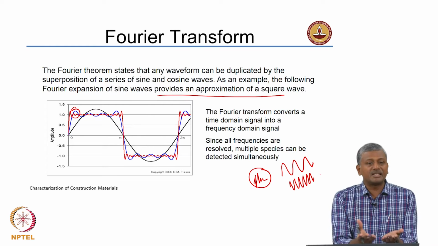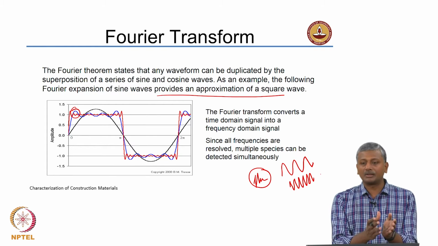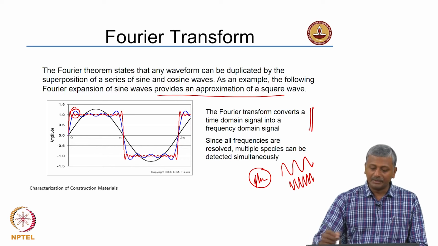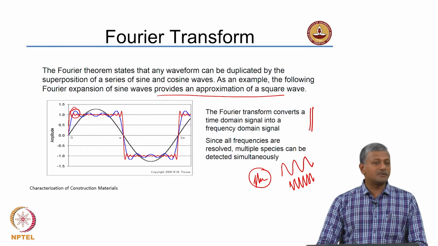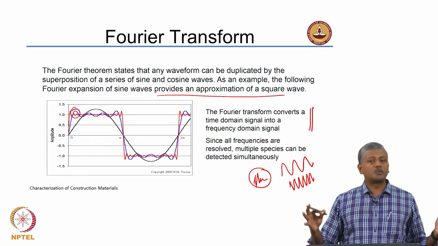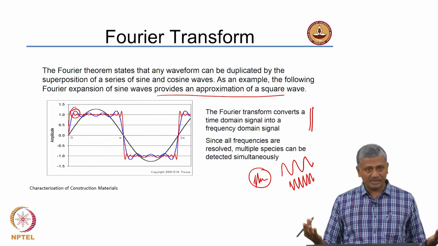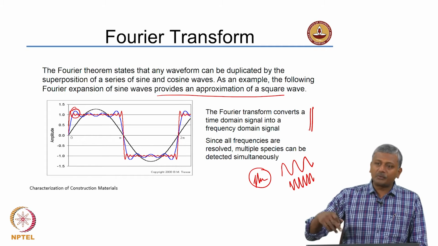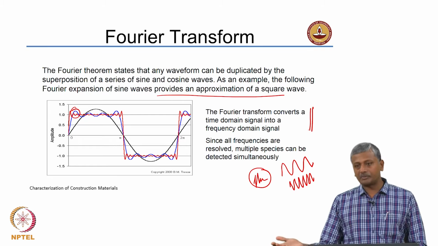Now, separation of these wavelengths into their individual characteristics is accomplished by fast Fourier transform, or FFT. Fourier transform converts a time domain signal into a frequency domain signal. So, what you are doing is taking a complex wave that is composed of several different frequencies and converting that into a wave where each frequency can be specifically separated.